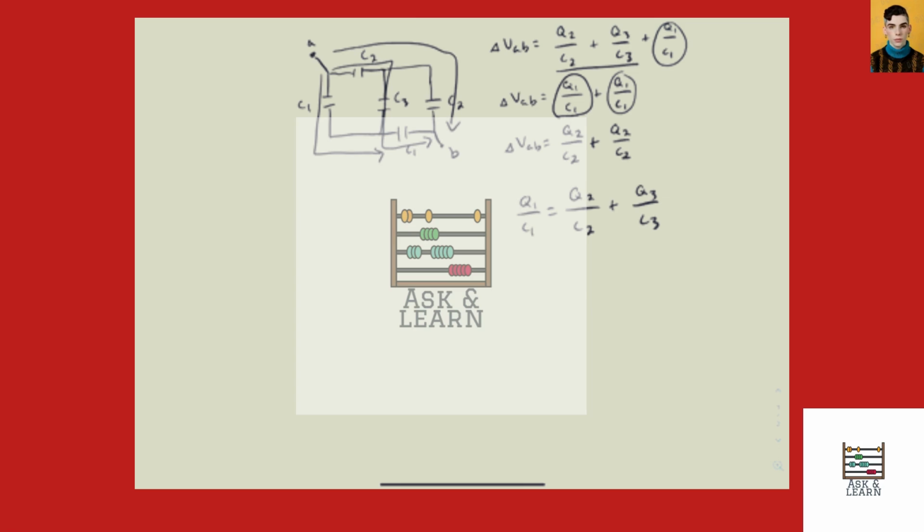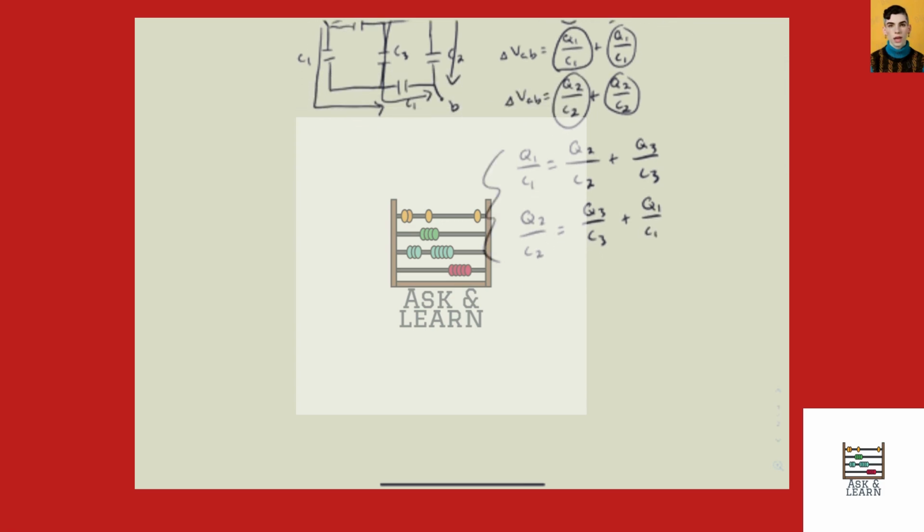And then looking at the first and the last equation, we have Q2 over C2 and Q2 over C2, so this one has to be equal to these two. So Q2 over C2 equals Q3 over C3 plus Q1 over C1.